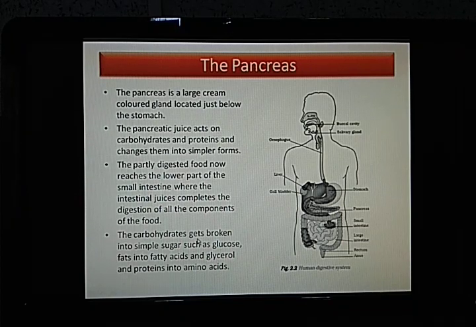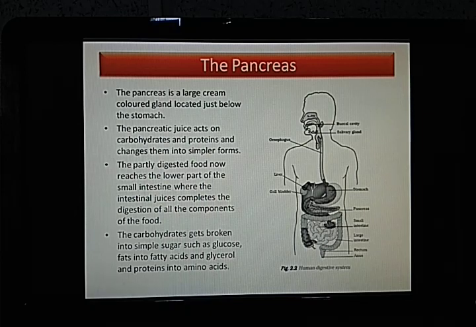In the case of plants, you can call it starch or glucose even. It's the same thing, but we're discussing the human digestive system. We all know glucose is very essential as a nutrient for our body. Then fats are converted into fatty acids and glycerol, and proteins into amino acids.